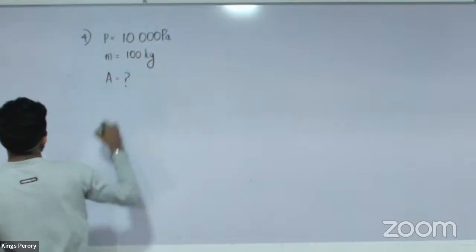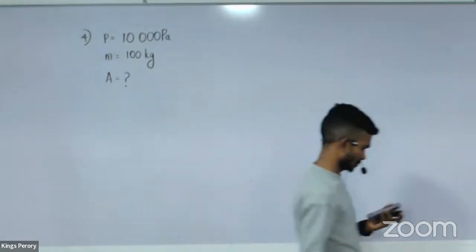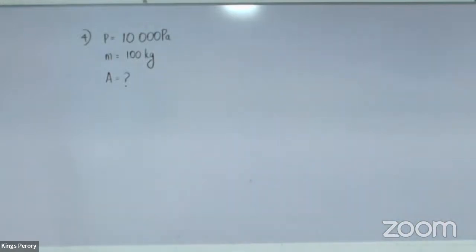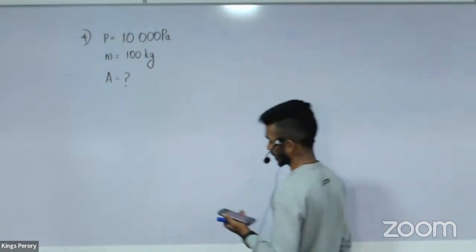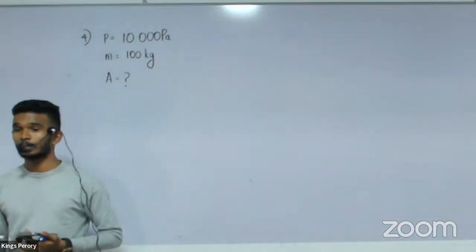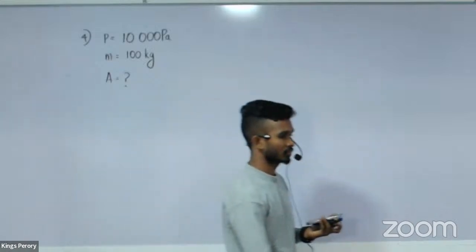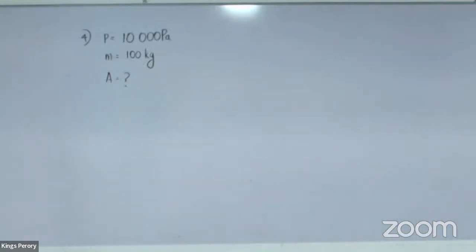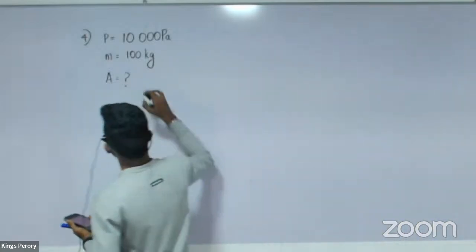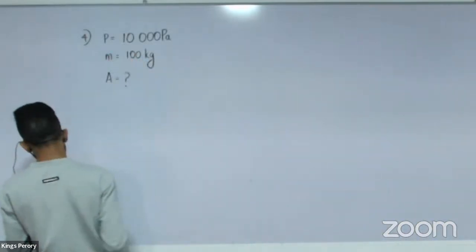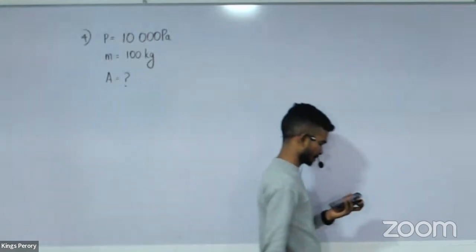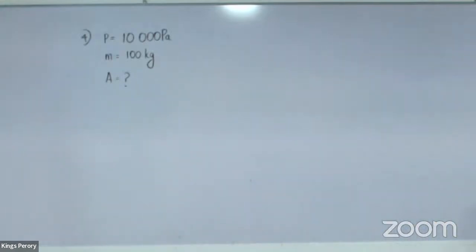Calculate the minimum area of the bridge for one car to travel at a time.